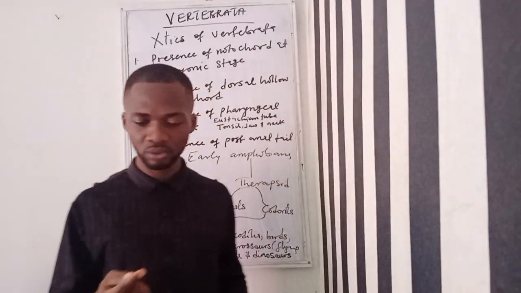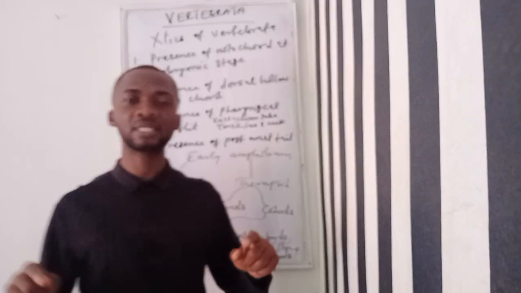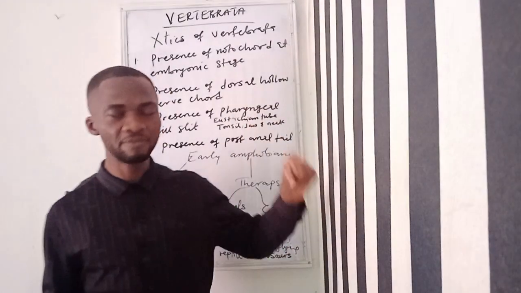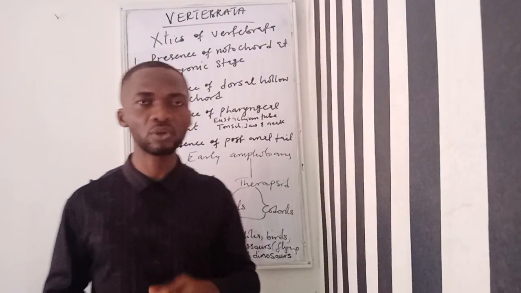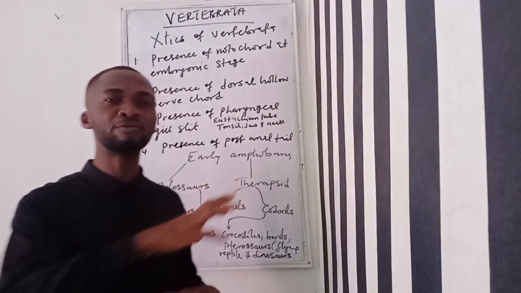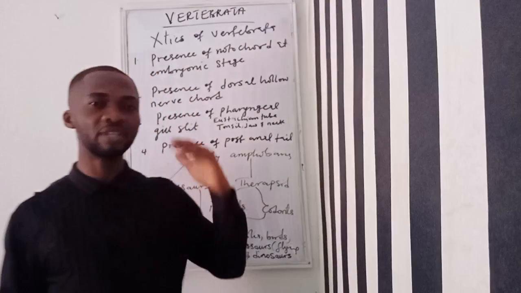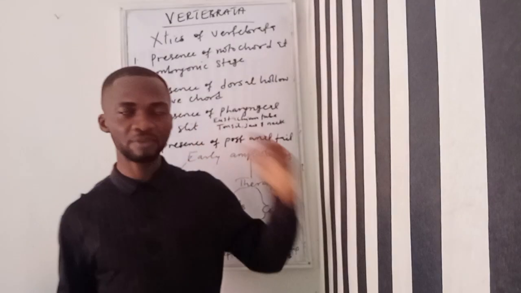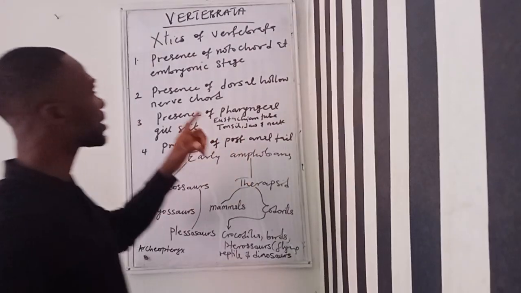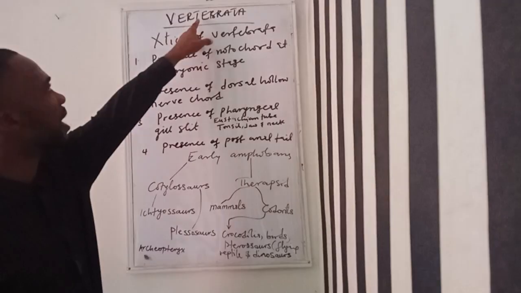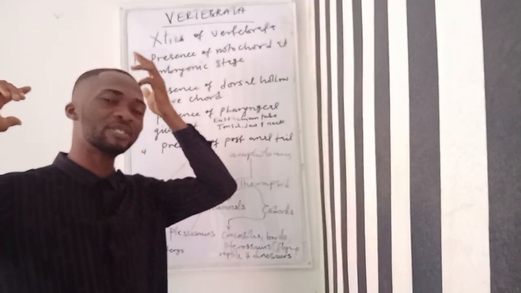And I did mention that the phylum chordata is the only phylum that links the invertebrates and the vertebrates. Under this chordata, we said we have about 4 different subphyla. We have the urochordata, the hemichordata, the cephalochordata, and now vertebrata. So what I just did was to trace how we got to this vertebrata, starting from the invertebrate.